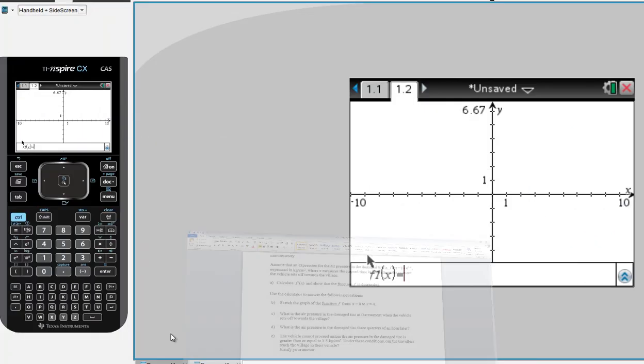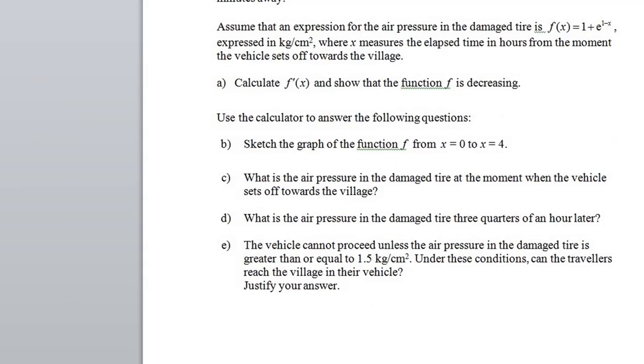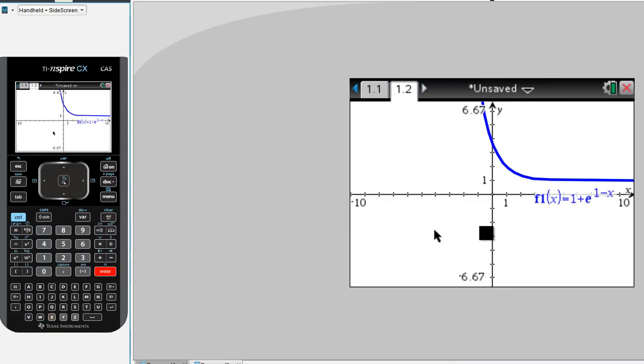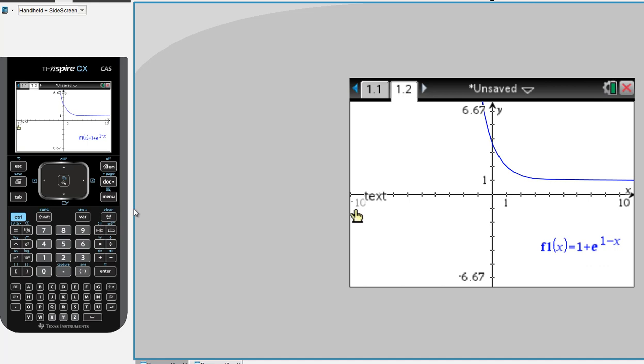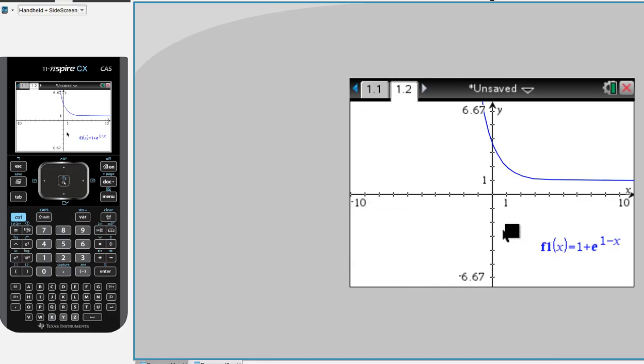Once again, the function is 1 plus e to the power of 1 minus x. It looks like this. So they want us to sketch the graph from x equals 0 to x equals 4, so from 0 to 4, that's this part.